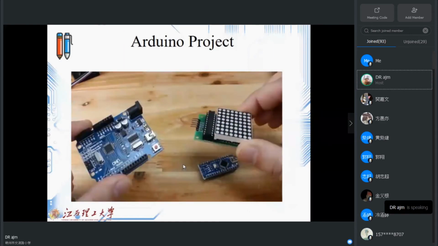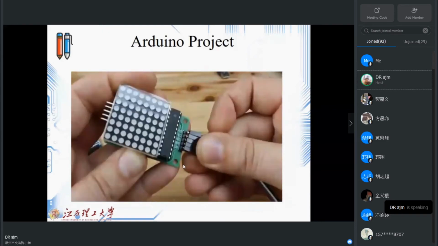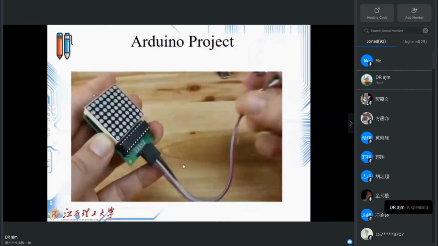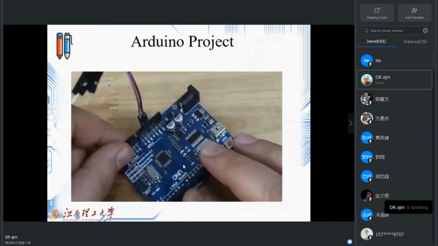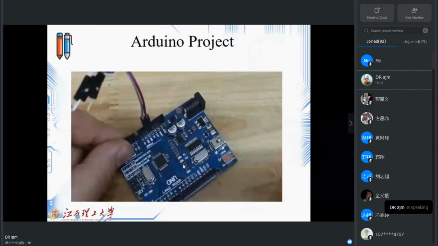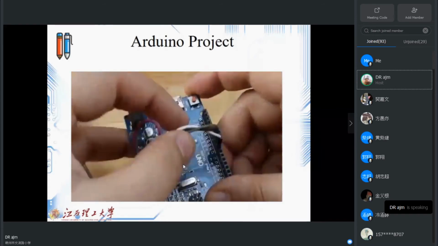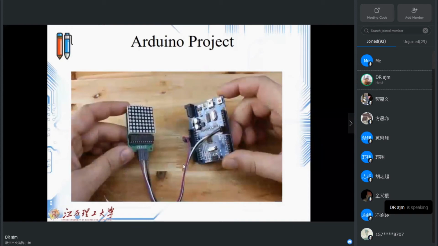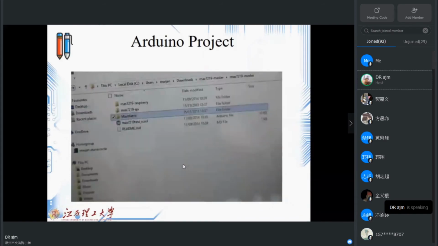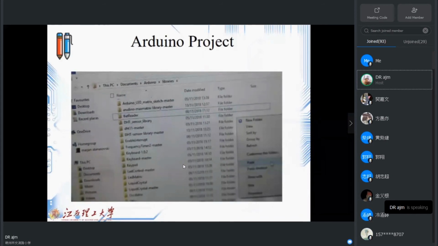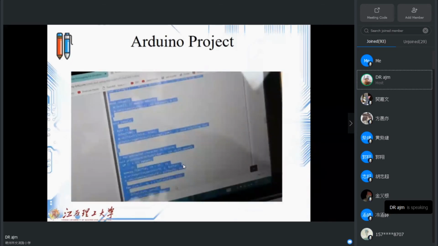How it connects is that it has 5 wires going to the pins, based on VCC and ground, then digital pins and other pins will connect. These are the circuits based on the module. There is a library for this module that I will teach you later how to add, and then you can have the code.